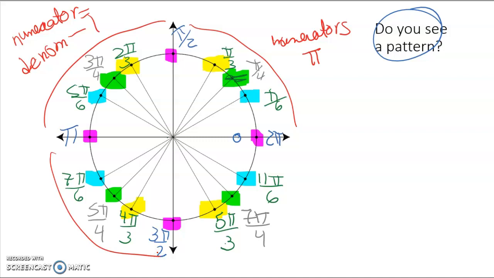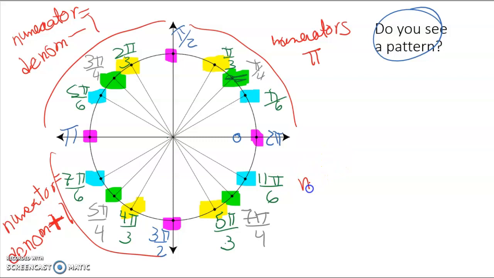What's happening down here? Oh, here it looks like the numerator is equal to the denominator plus 1. 3, 2, 4, 3, 5, 4, 7, 6. And our last quadrant, it looks like, let's see, 11 and 6, 7 and 4, 5 and 3.